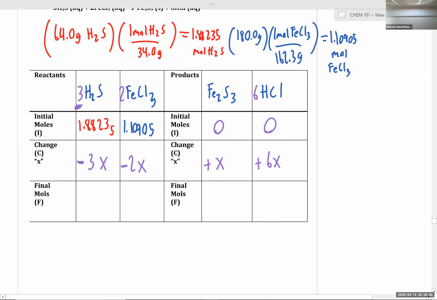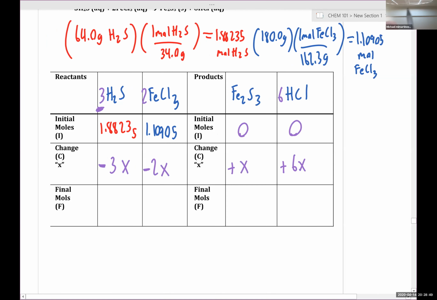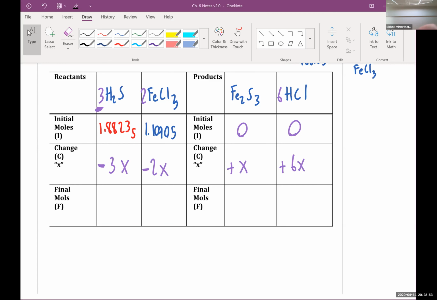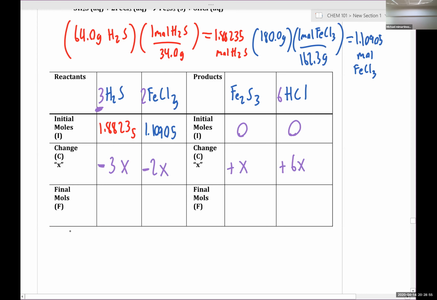So now we're going to write out each of our change expressions. So for H2S, we have 1.88235 minus 3x is equal to 0. As our shortcut, our x is equal to 1.88235 over 3.